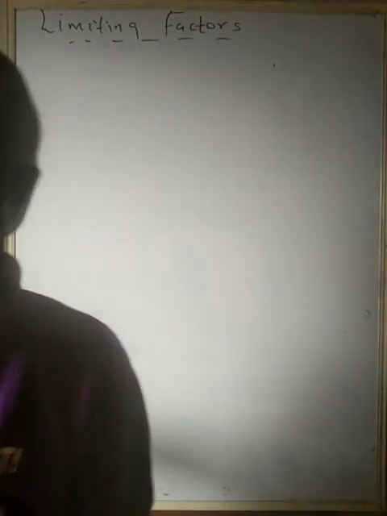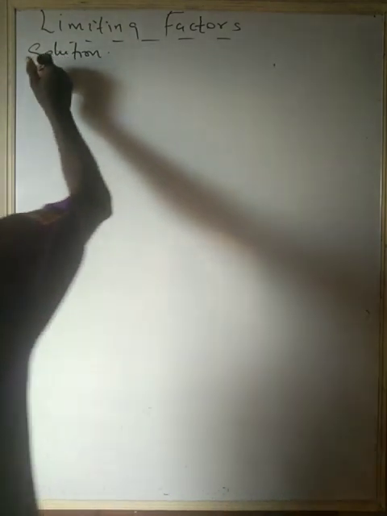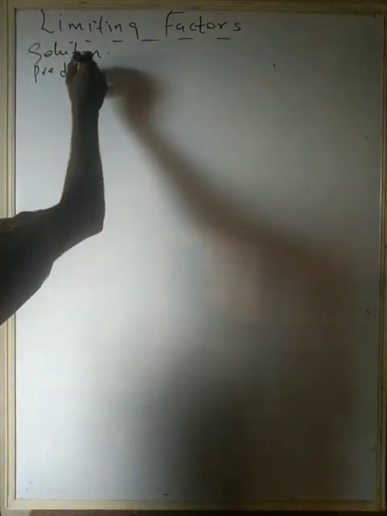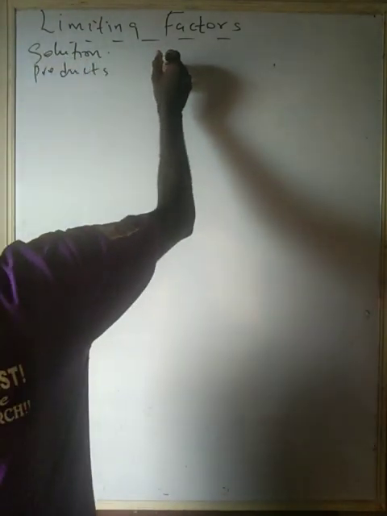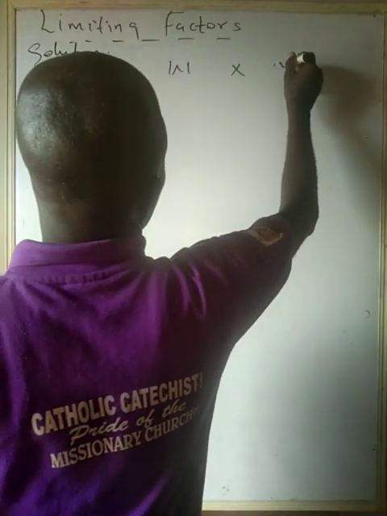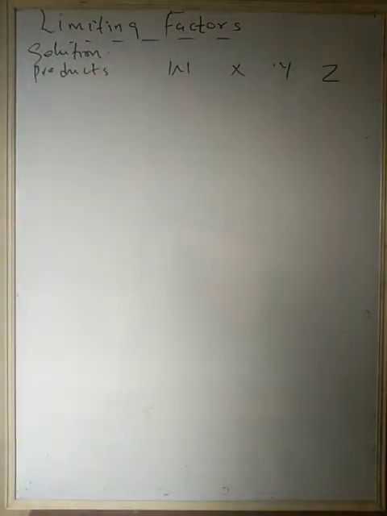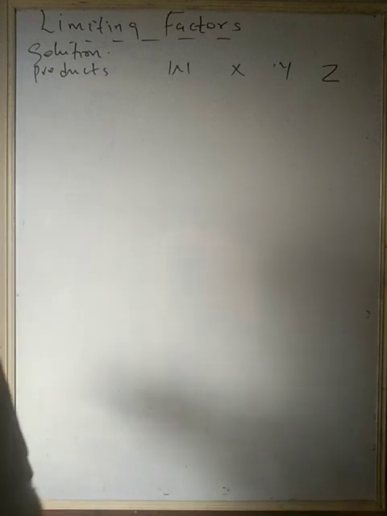Let's just continue. Solution. Product W, X, Y, Z. If labor hours are limited to 50,000 in a period, how many are we going to produce for product W, product X, product Y, and product Z?